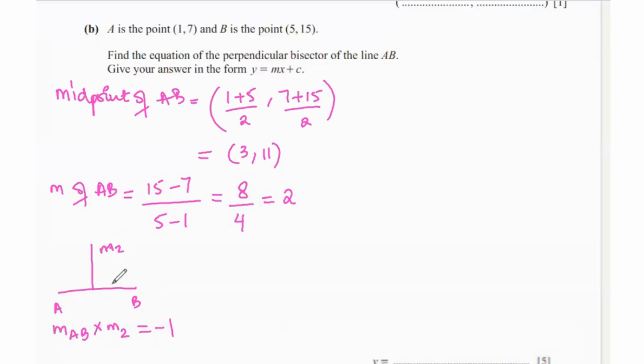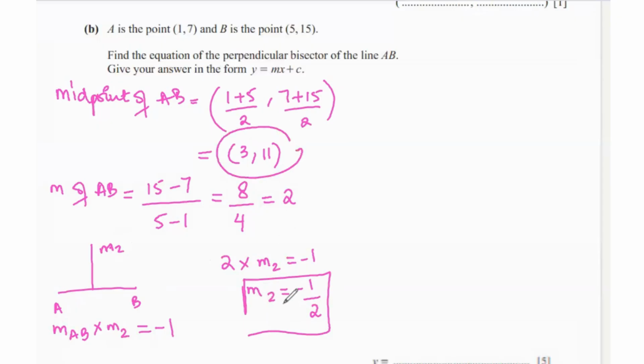So this way I can find the value of m2. That's going to be 2 times m2 equals -1. m2 equals -1 over 2. This is our gradient of the perpendicular bisector.